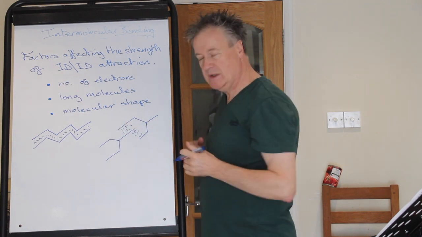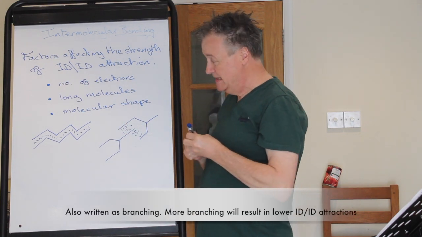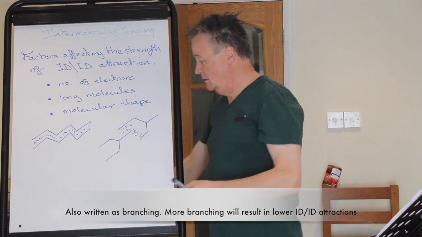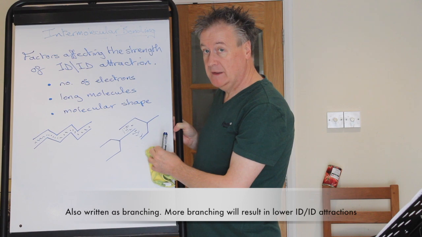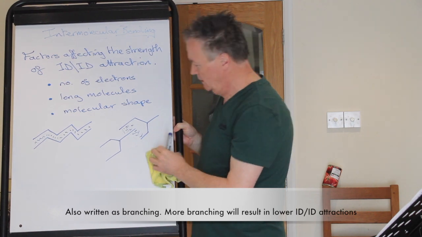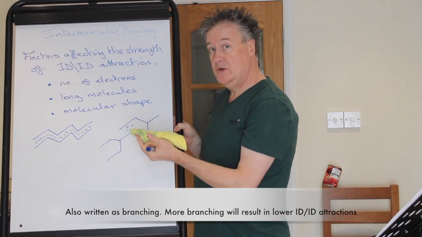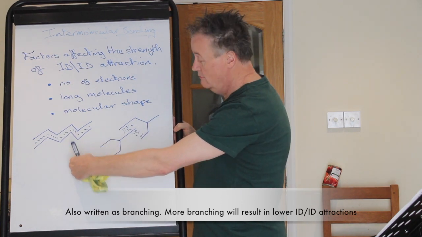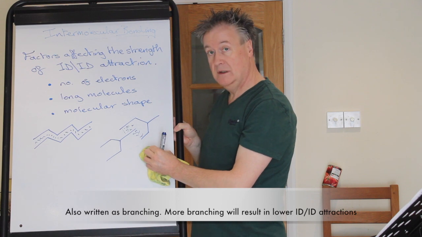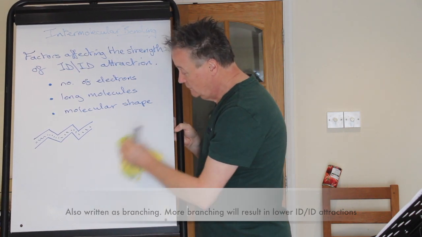Here, the areas where you could do the contact, much reduced. Therefore, this molecule, which is 3-methyl pentane, has not so strong attraction, so therefore this one has the higher melting and boiling points compared to this one. And those are the three factors.